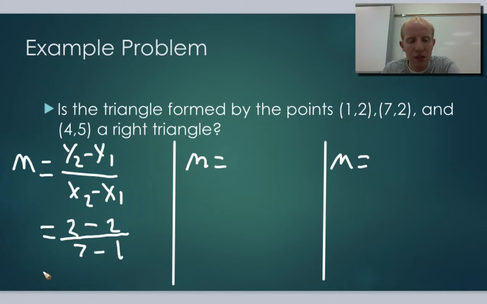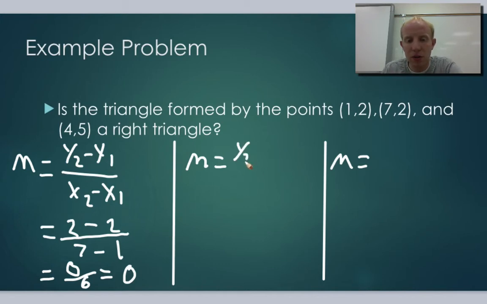So what is that going to give us? That's going to give us 0 on top and 6 on the bottom. 0 over 6 is just the same as 0. So the slope for the first line is just a flat line, because it's 0.